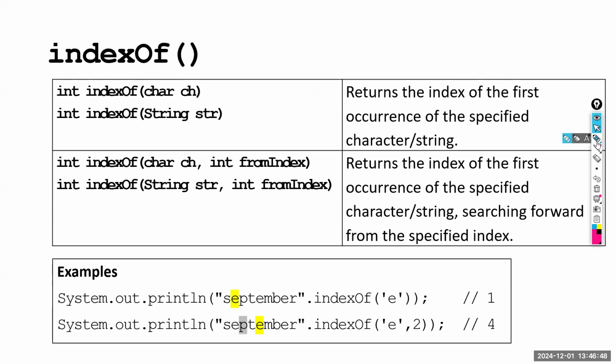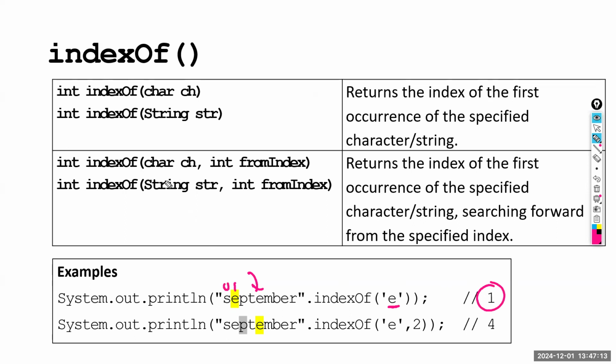So I have a string. Rather than creating a separate string variable, I have just created a string and straight away call the indexOf method, or you can create a variable and call indexOf. What is the index of E? So it will check from the left end and see what is the first place where you have an E character. Obviously, it is at the first index. So therefore, the output is 1.